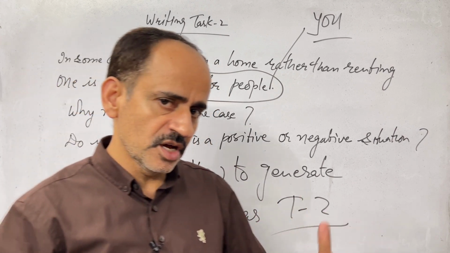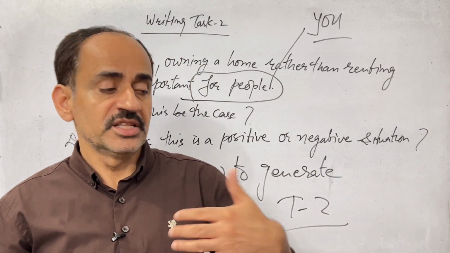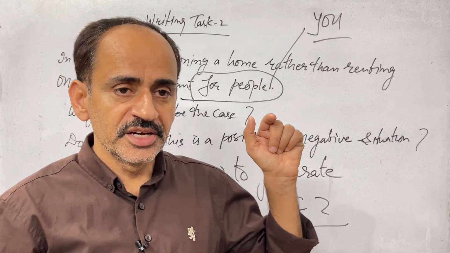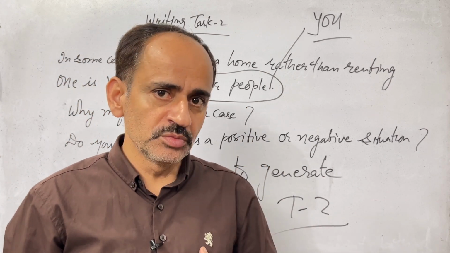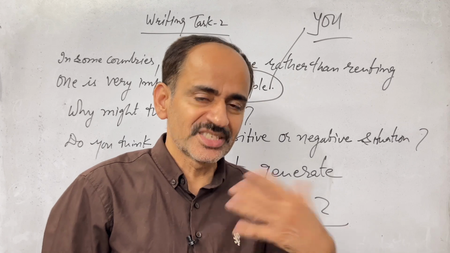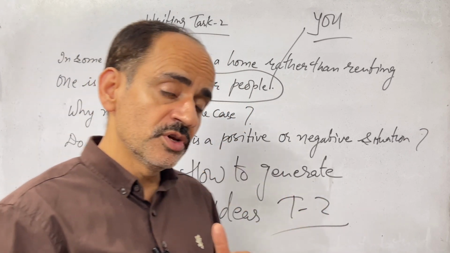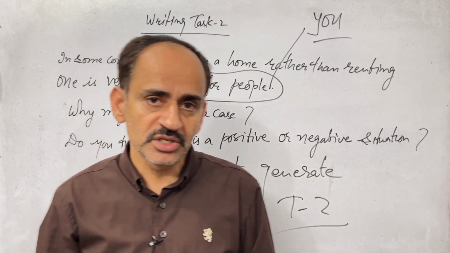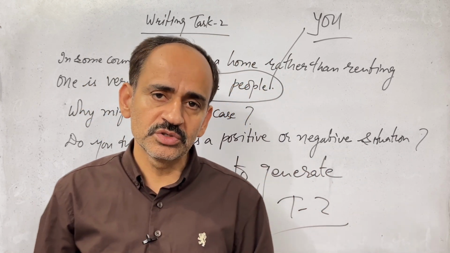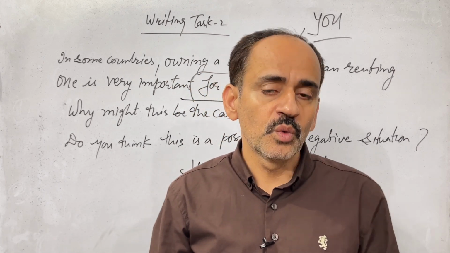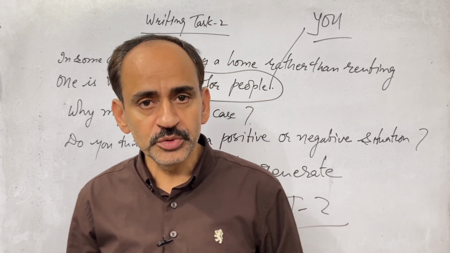When you think this task from your own perspective, that this task is related to your life, and assume that you are a doer over there, you are a subject matter over there, then think about, suppose you have to live in a rented house, then what will be the situation? And if you have your own house, then what will be the situation? Why living in a own house is important to you?